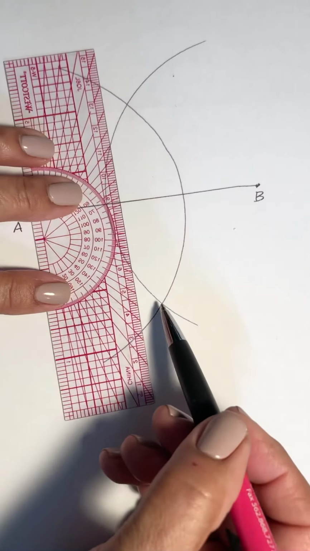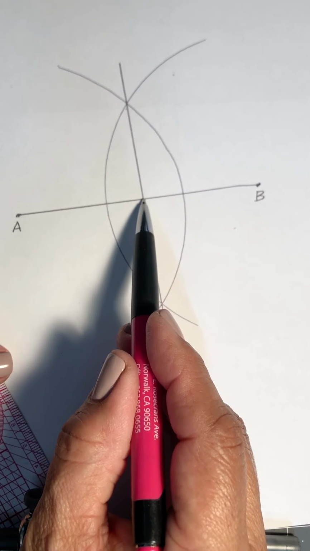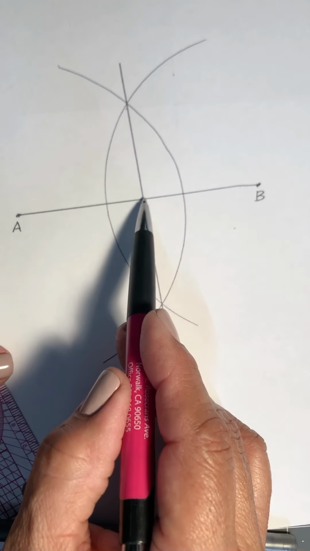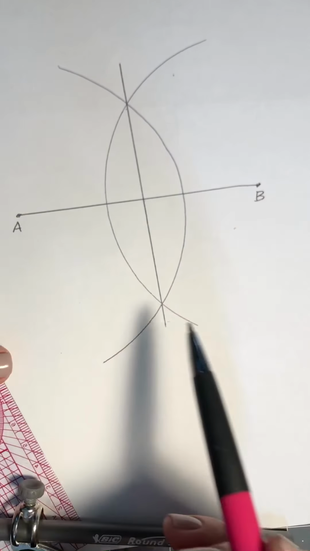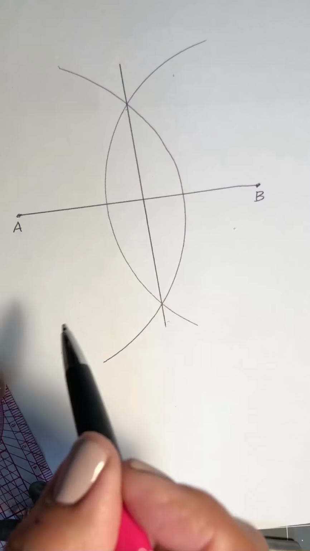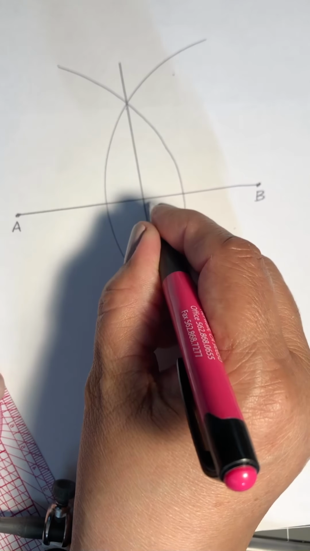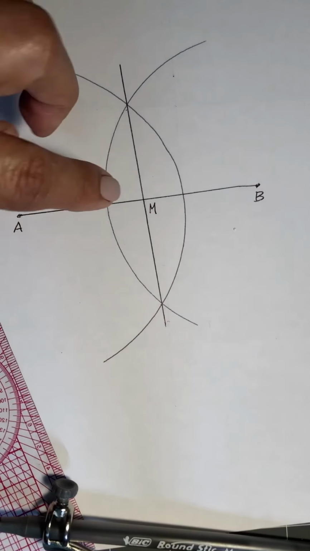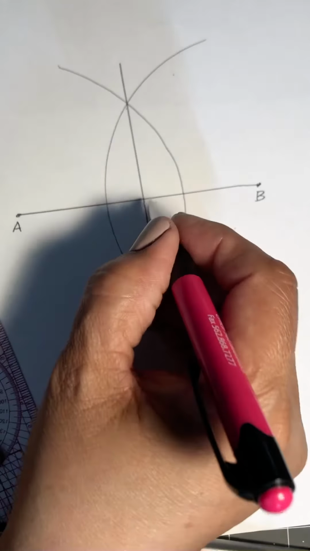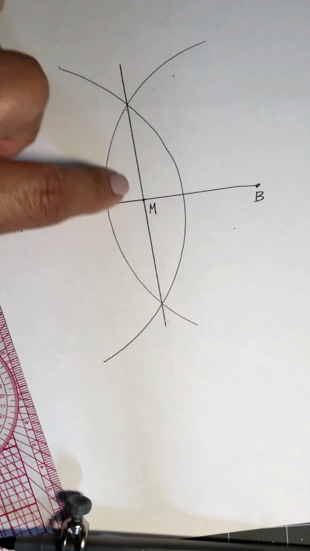When you use this method, you are ensuring that the distance from this center point to B and from the center point to A are equal. And I will call the middle point M. And that is how we bisect this segment.